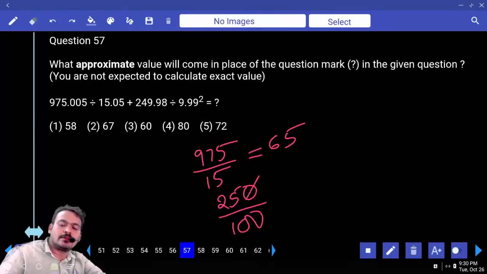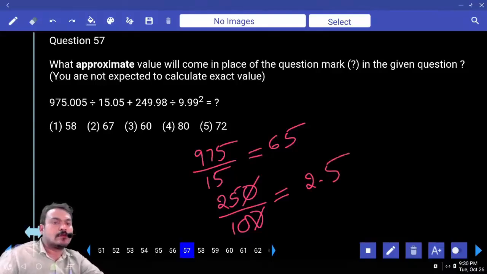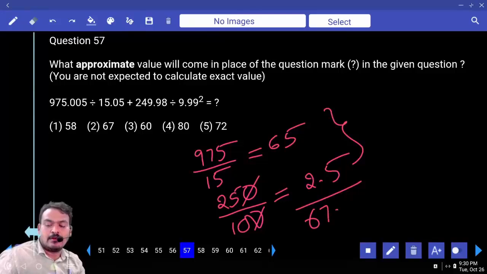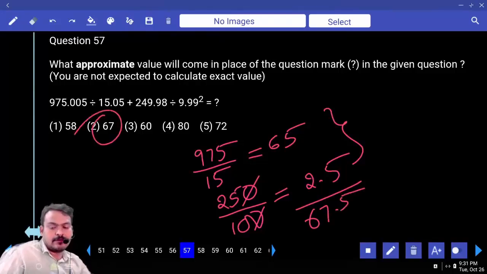In this one, numerator 0 and denominator 0 get cancelled, or not? 25 by 10 means 2.5, or not? 25 by 10 is 2.5. These two are adding or subtracting? Adding. Then we get 67.5. What is the nearest value in options? 67.